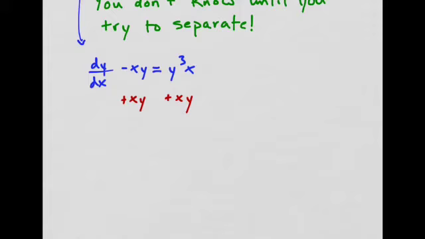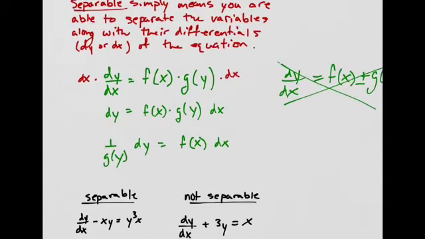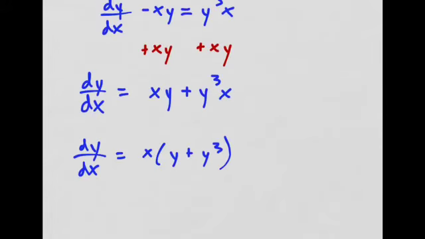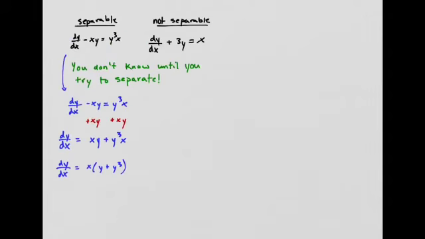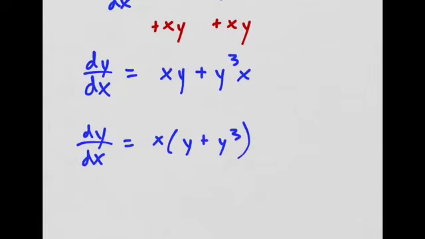I'll add xy to both sides, and what I can do is factor out an x from the right side. Then I will have my function just involving x times my function just involving y. And then I'll do the steps that I had before, where I multiply by the differential dx.